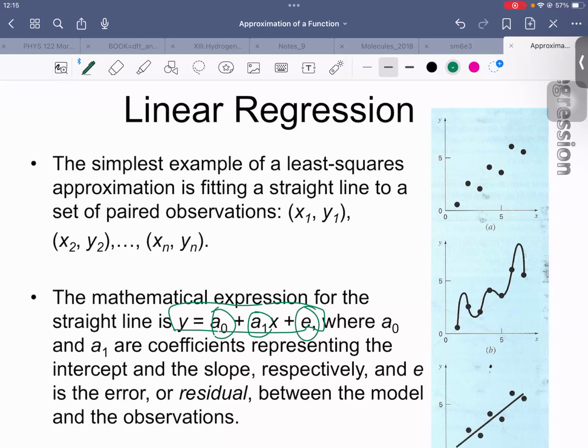Meaning, of course, hindi mo kayang i-fit lahat. For example, these data points, hindi mo siya kayang lahat na idaan sa singular line. So there is an error na related sa kung gaano kalayo yung data points mo dun sa approximated line mo. Alright? Okay.